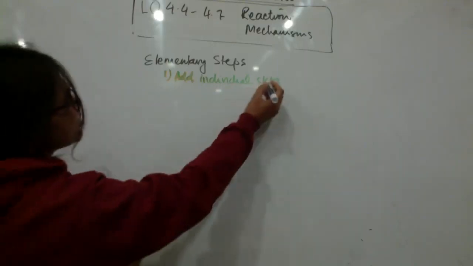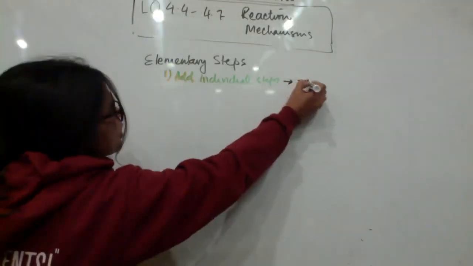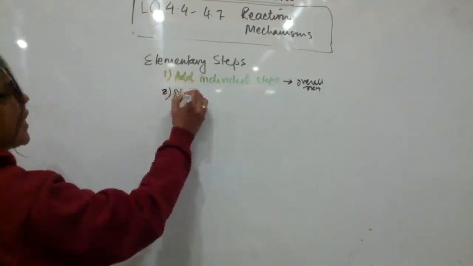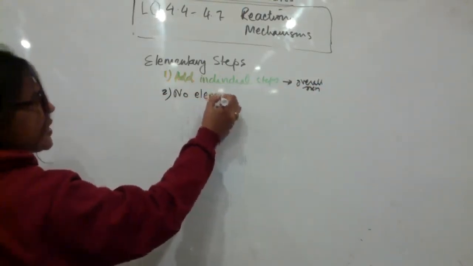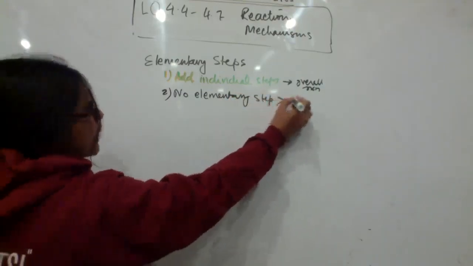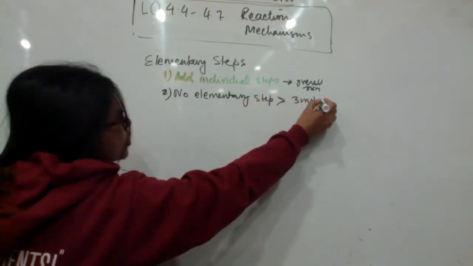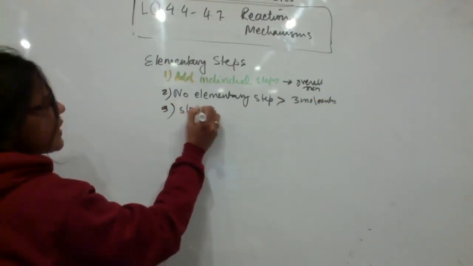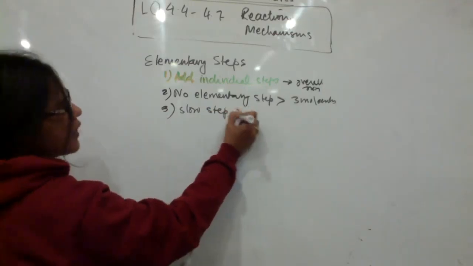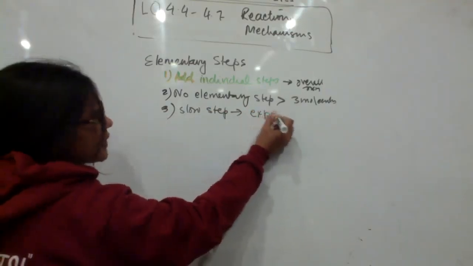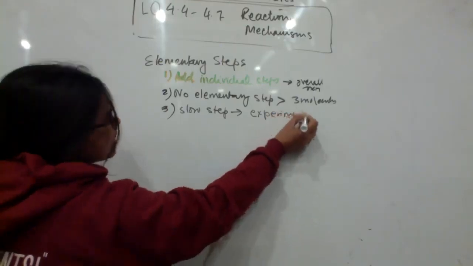If you add individual steps, then it should give you the overall reaction. No elementary step should be more than 3 molecules, or termolecular. The slow step should be put in a place where the theoretical rate law mirrors experimental rate law.